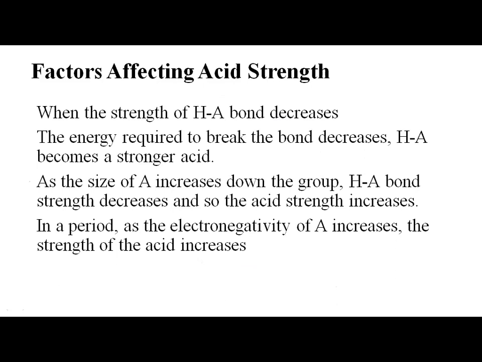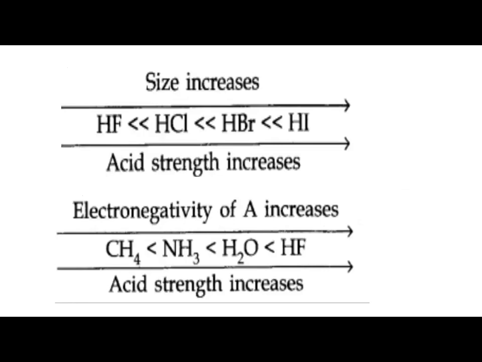As the size of A increases down the group, HA bond strength decreases and so the acidic strength increases. In a period, as electronegativity of A increases, strength of acid also increases. So as size increases, acidic strength increases, and as electronegativity of A increases, acidic strength also increases.